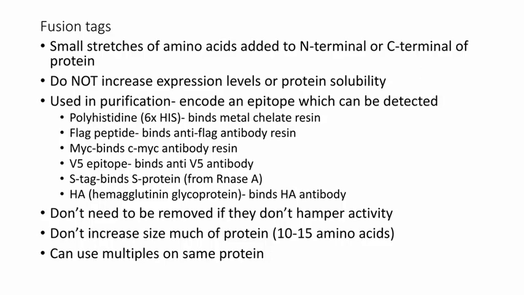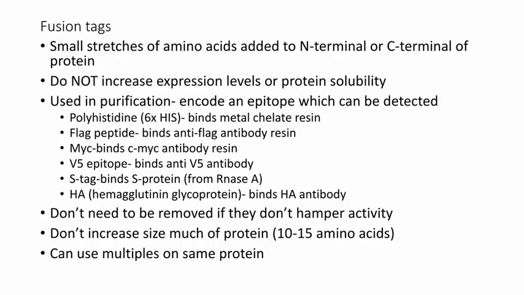So one example of a fusion tag is called 6-X-His. It's a polyhistidine tag, and that's going to cause it to bind to a metal chelate resin, and it can then be eluted off by competing it off the column. Another example is a flag peptide, which binds an anti-flag antibody resin.